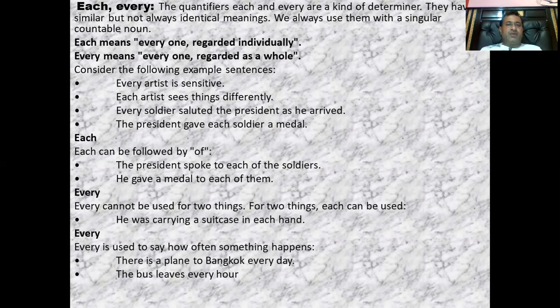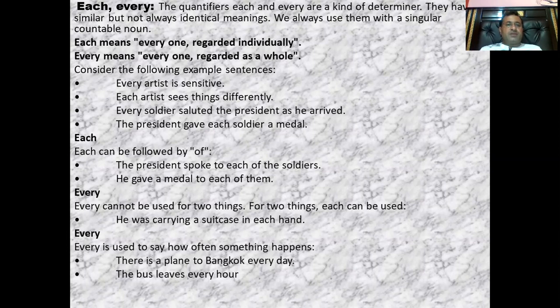Each means everyone regarded individually. Here we are emphasizing the individual. Whereas every means everyone regarded as a whole. So each means everyone regarded as an individual, whereas every means everyone regarded as a whole.